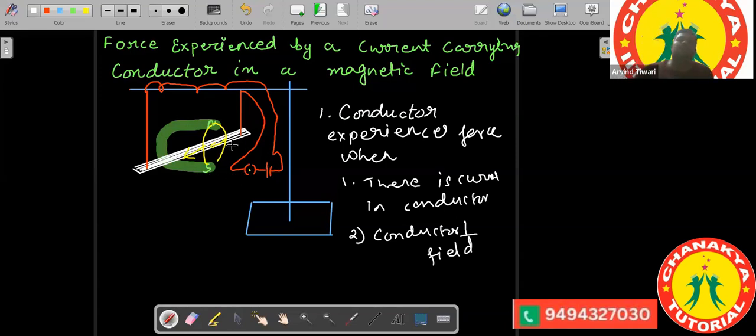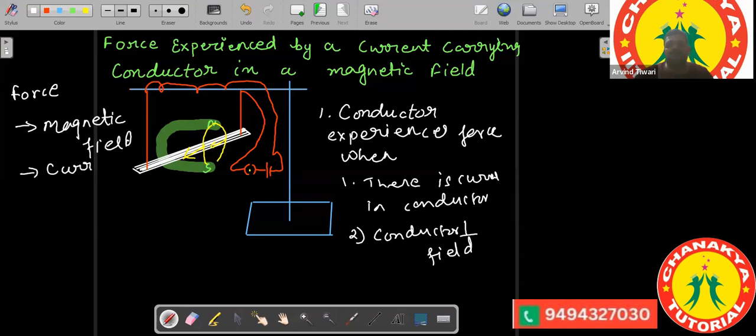Now see the amount of force: it depends on the strength of the magnetic field, that is how strong a magnet you are putting, and it depends on the amount of current that is flowing.